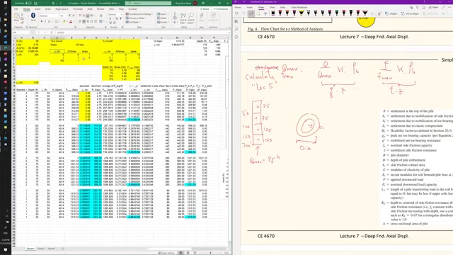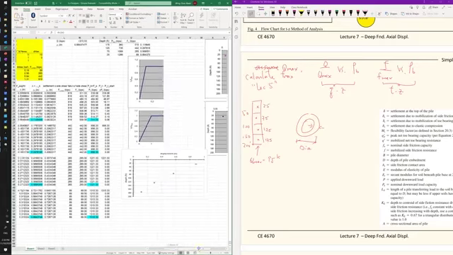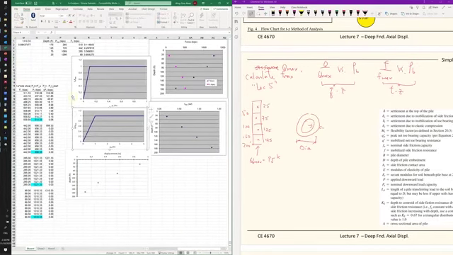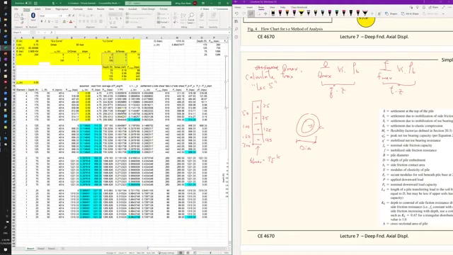All this coding here is just representing this graph, the QZ and also the TZ. That's what these two parts do. We also need the side friction, the F max values, and we have it here. The side friction is a function of the side area and the length. That's why at different depths we have different maximum side friction values.